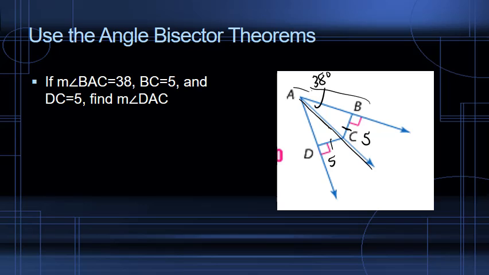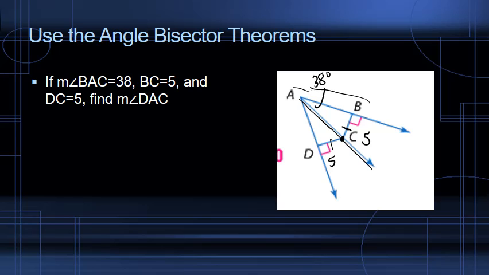Now, according to the converse of the angle bisector theorem, it states that if a point is on the interior of an angle, well, this point C right here is on the interior of the angle BAD or DAB, and it is equidistant from the sides of the angle.